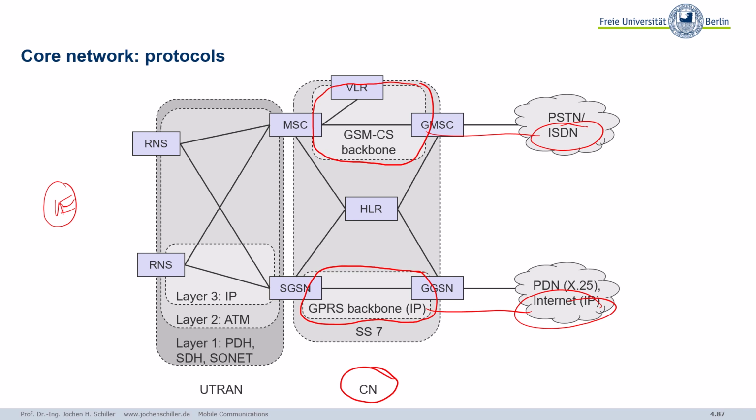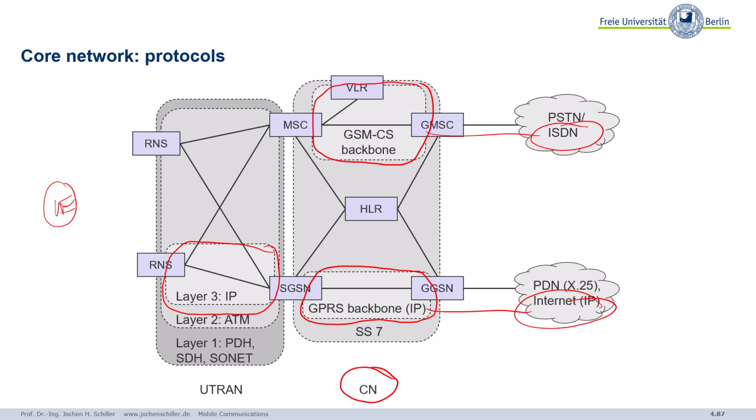What else do we see? We see that we have many other layers. Yes, that's quite typical in communication systems. We use IP, like in the internet, as we know it from GPRS. But now we use ATM as underlying technology.